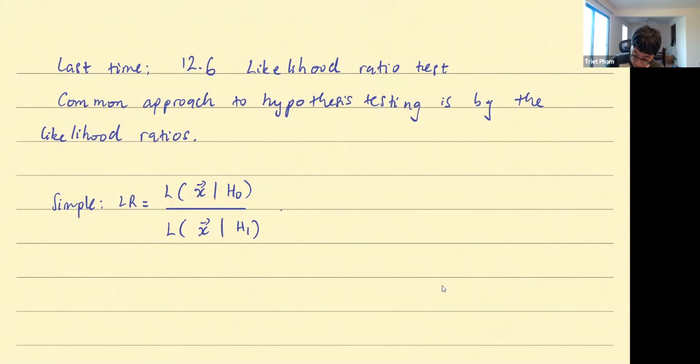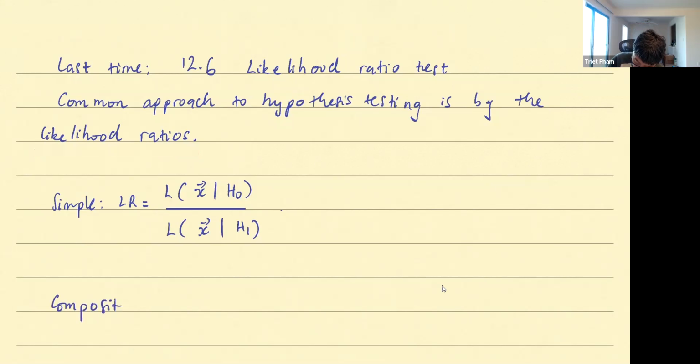Remember that the likelihood ratio must be a statistic. In other words, nothing should be left unknown when you form this likelihood ratio. That's the key to understanding the difference between simple and composite hypothesis.